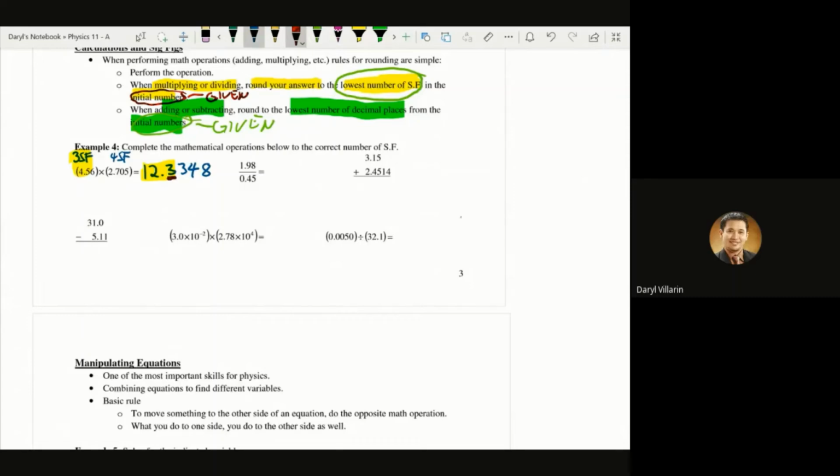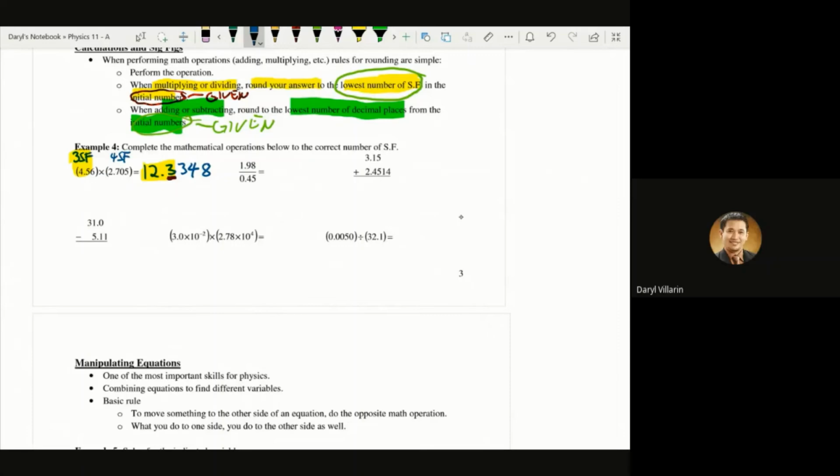So the general rule is that if the number after that is 5 or greater than 5, we're going to round up. But if not, round down. So in this case, we cut off up to tenths, because tenths gives me 3 significant figures. So now I'll be rounding off up to tenths.